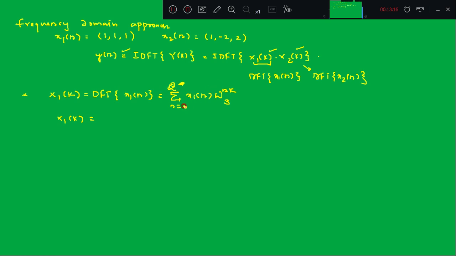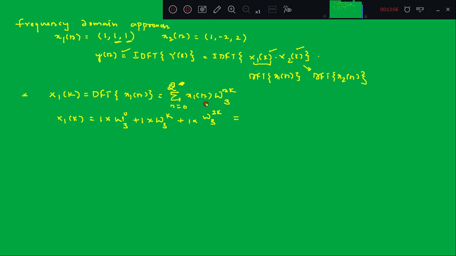When I substitute n is equal to 0, x1 of 0 is 1, so 1 into W3 raised to 0 into k, which is W3 raised to 0, plus, substitute n is equal to 1, x1 of 1 is again 1, into W3 raised to k, plus again for n is equal to 2, x1 of 2 is equal to 1, so it is 1 into W3 raised to 2k.